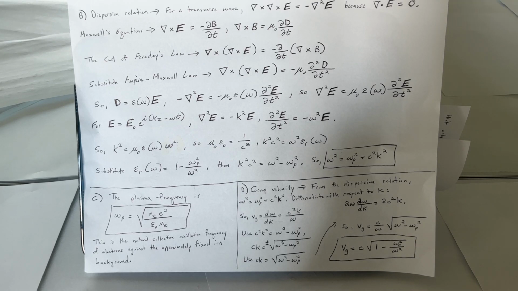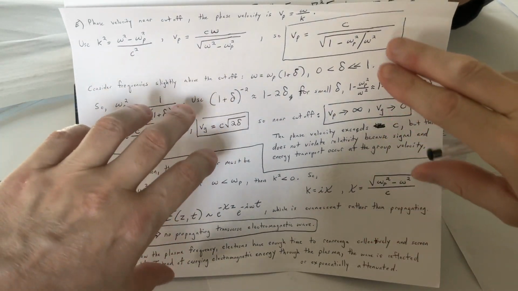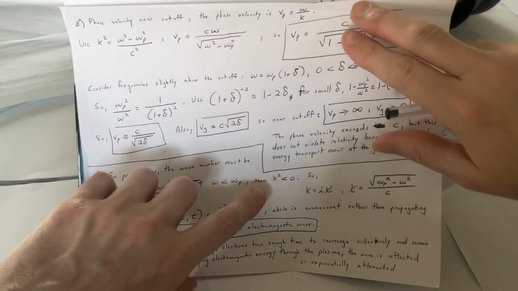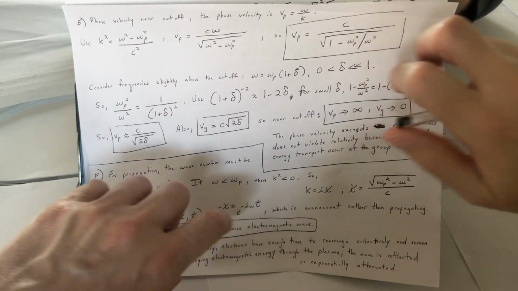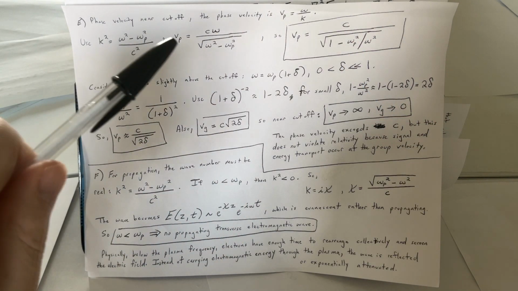So that's part D. Part E, they want us, for the frequency slightly above the cutoff, derive the asymptotic expression for the phase velocity. So letter E, phase velocity near cutoff.